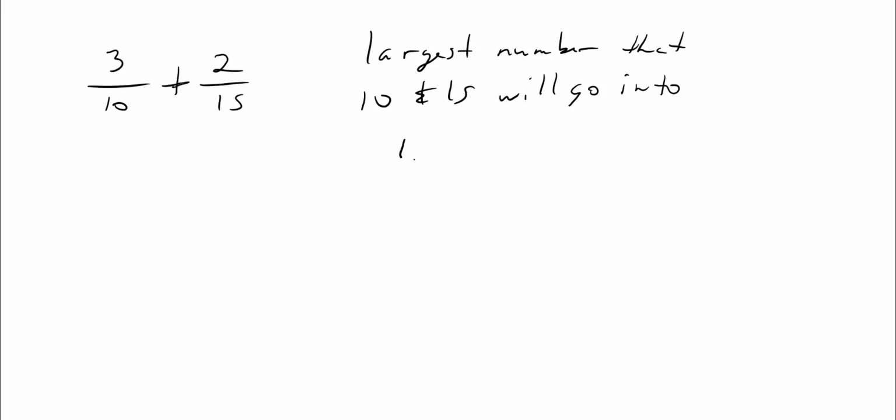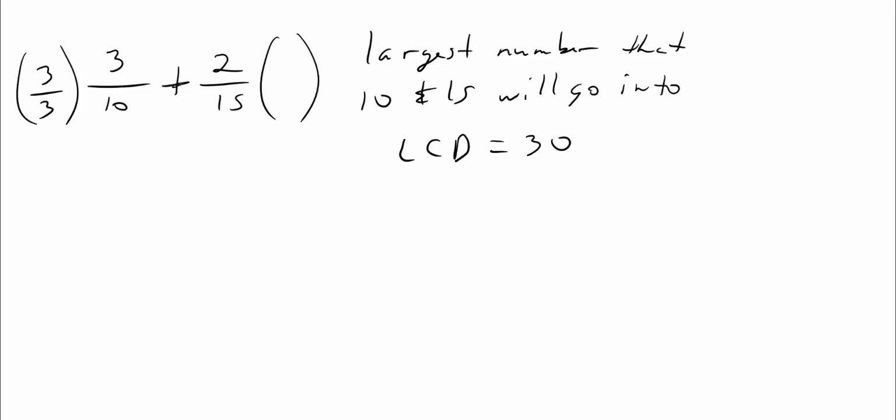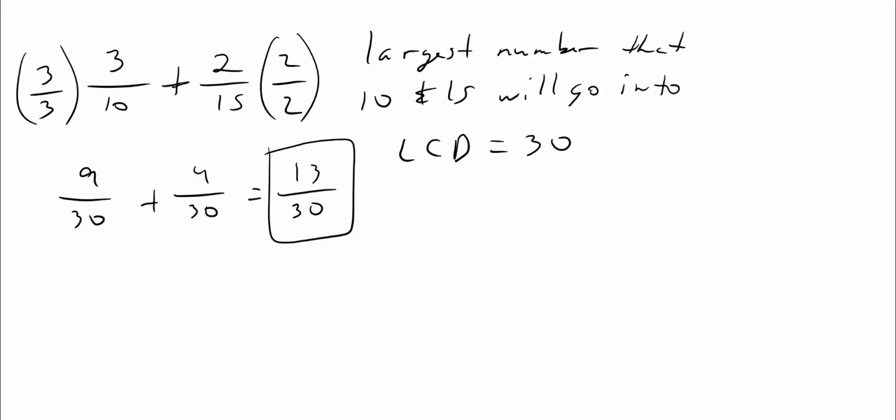So my LCD for this problem is actually 30, because 10 goes into 30 and 15 goes into 30. In order to get this one to be 30, I multiply it by 3 over 3. In order to get this one to be 30, I multiply it by 2 over 2. Now you'll have 9 over 30 plus 4 over 30, which equals 13 over 30.